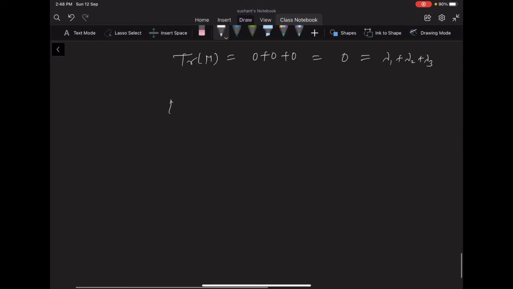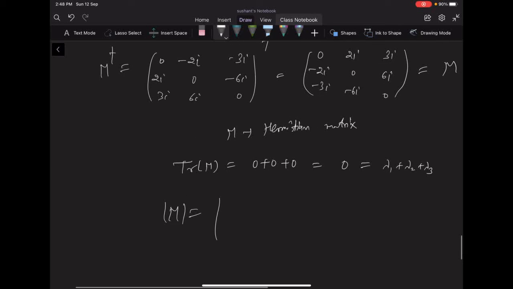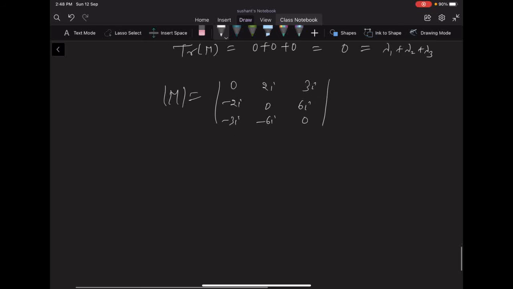So we will calculate the determinant of matrix M: 0, 2i, 3i, minus 2i, 0, 6i, minus 3i, minus 6i, 0. We expand from the first row: minus 2i times (0 plus 18i square), plus 3i times (12i square minus 0). So minus 36i cube plus 36i cube, which equals 0.